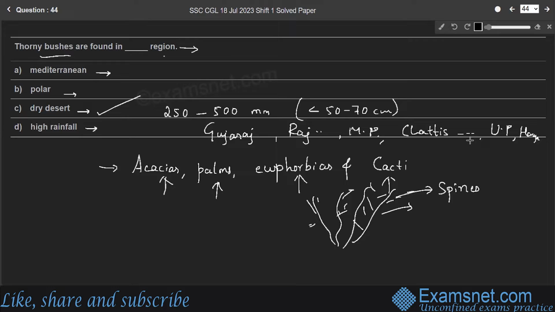The leaves of these plants are modified into spines or thorns and are small to minimize transpiration. So these spines regulate the loss of water from the plant. Therefore, thorny bushes are found in dry desert region. Option C is the right answer.